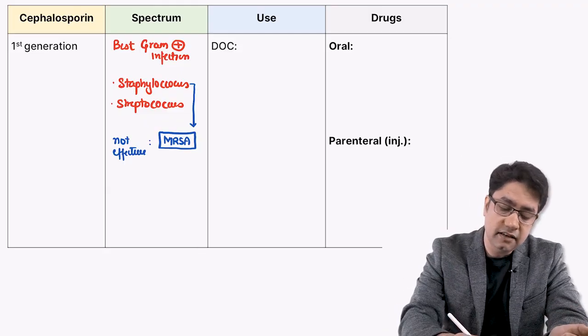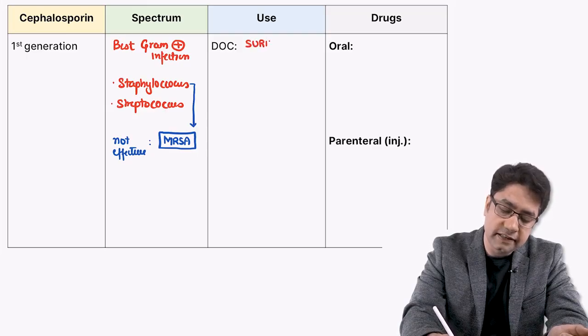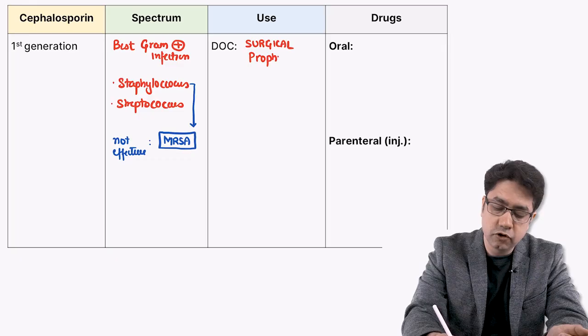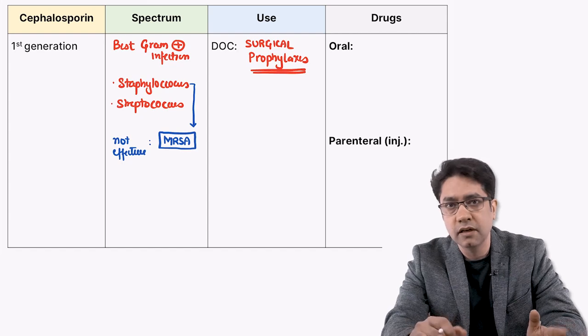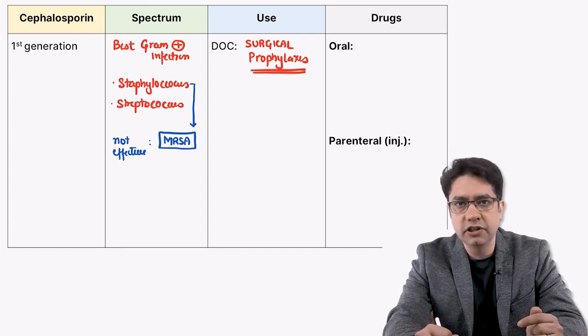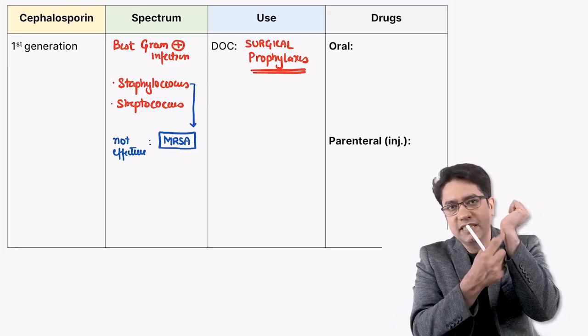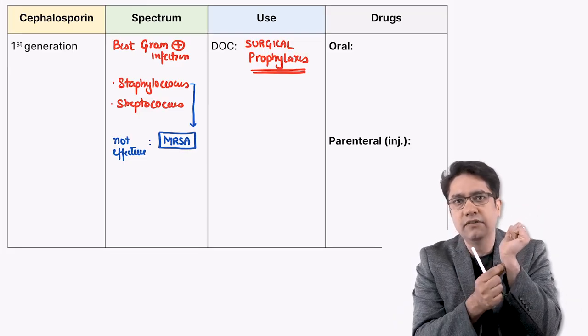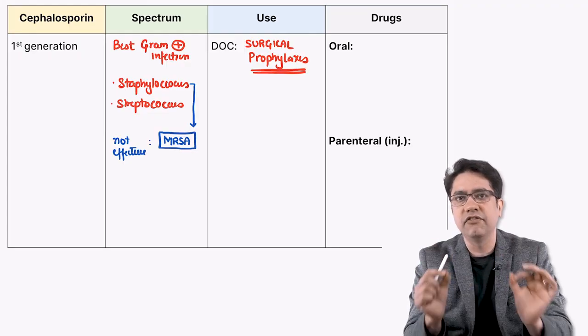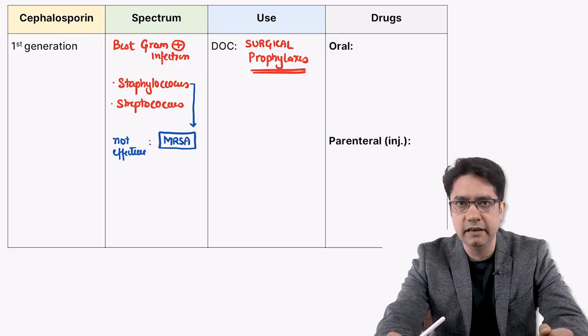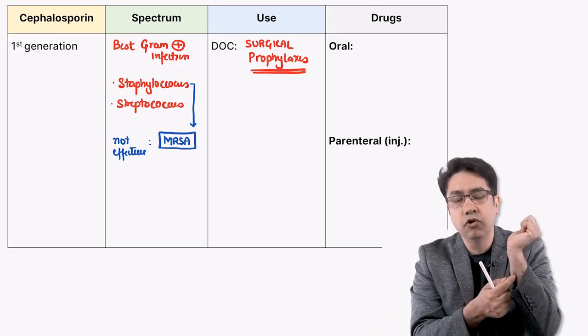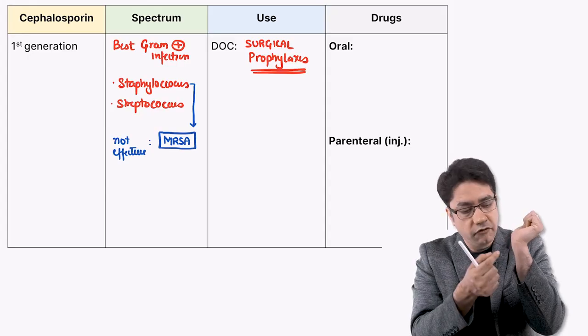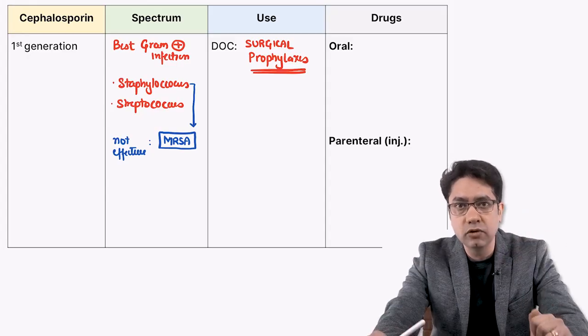These drugs are considered the drug of choice for surgical prophylaxis. First generation cephalosporins are the drug of choice for surgical prophylaxis. Now, what do we mean by this? Imagine we are doing surgery in a patient. Don't you think we have to give a skin incision? On our skin we have Staphylococcus and Streptococcus bacteria, and if we give an incision, during surgery this bacteria can enter into the blood.